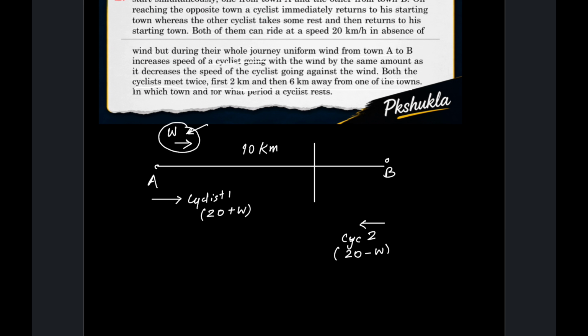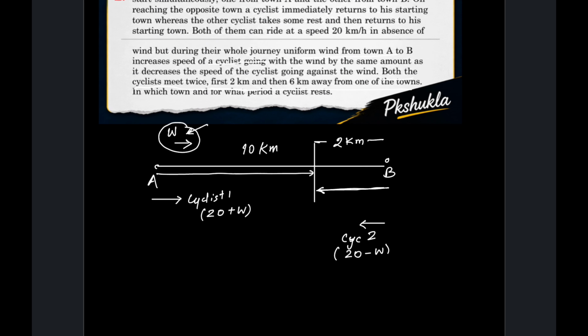So somewhere here, suppose these two cyclists meet like this, and it is given in the question they're meeting 2 km from one station. So it is obvious it is 2 km from B only, because from B the cyclist is moving with a slower speed. So from this information we can find the speed of wind first.